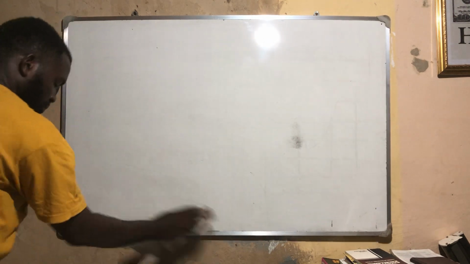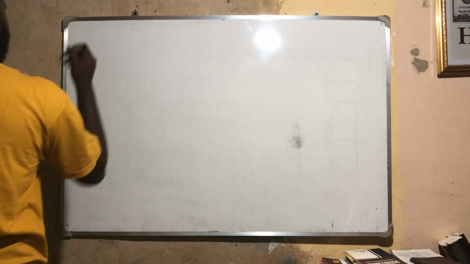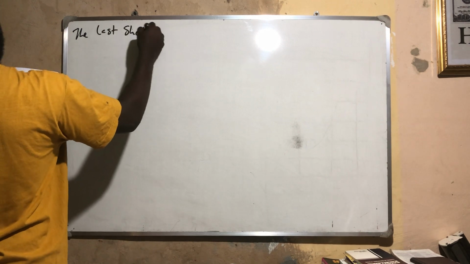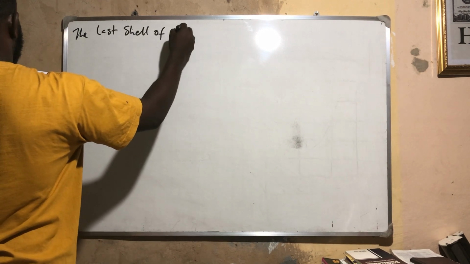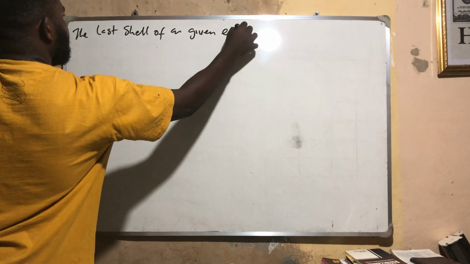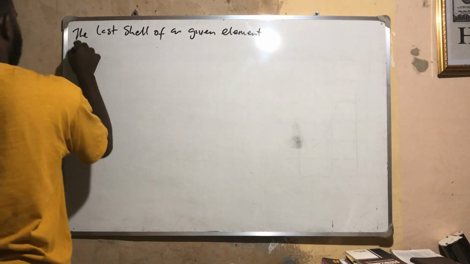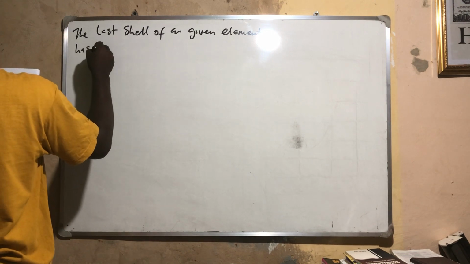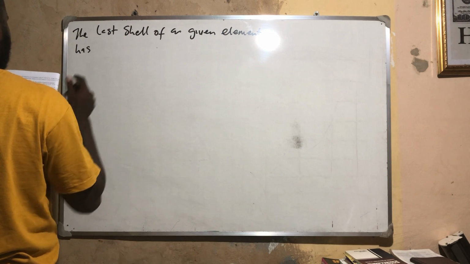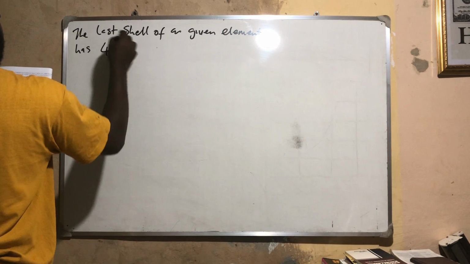So we move to the next one, and the next one said the last shell of a given element has 4d8.